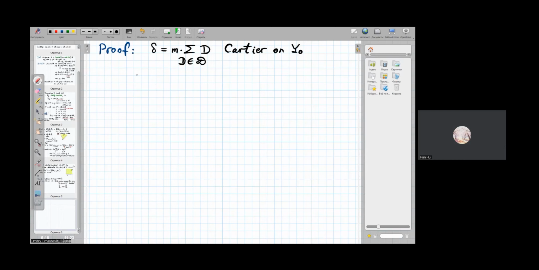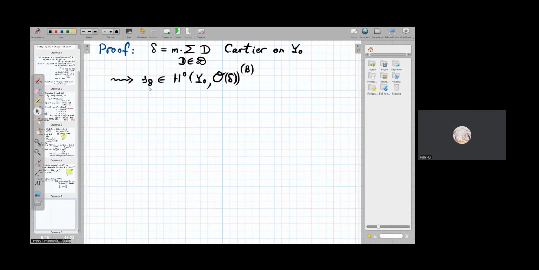You get a section S delta of the line bundle over Y0 corresponding to this Cartier divisor delta. And this section is B semi-invariant because delta is B invariant, delta is B stable. Okay?